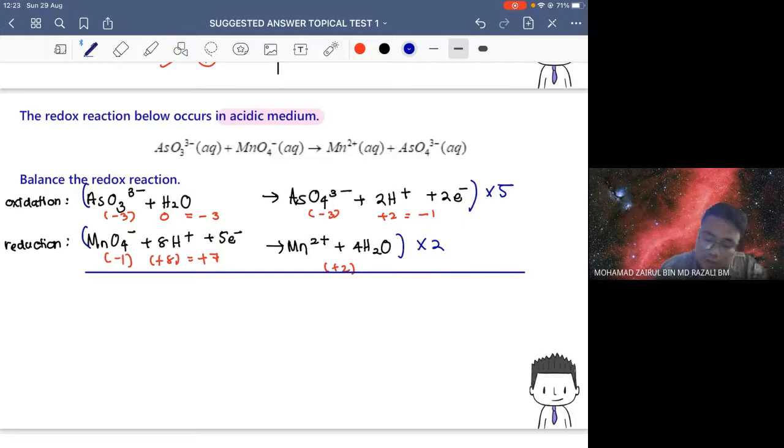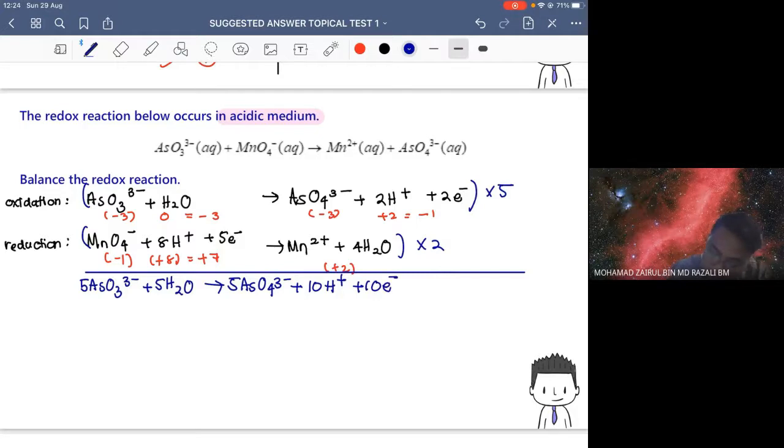Okay, so kita salin balik. So untuk oxidation kita akan dapat 5 AsO3 3- plus 5 H2O produce 5 AsO4 3- plus 10 H plus plus 10 electron.